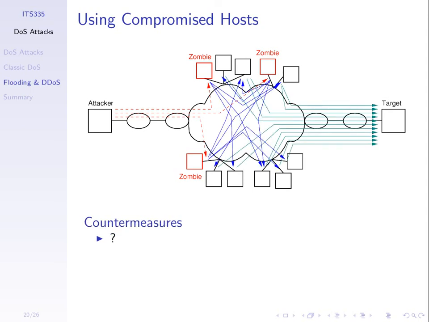The zombies ping other computers on the internet and they reply to the target. What does the attacker need to do, and what resources does the attacker's network need? Well, all it needs to do is control the zombies. Send a special message to the zombies saying, start your attack on this target. It doesn't send the ping messages.